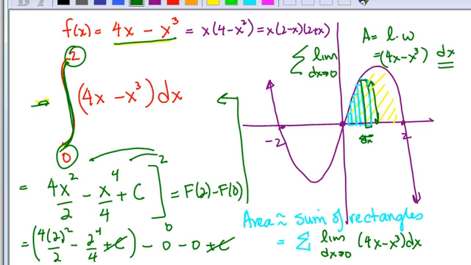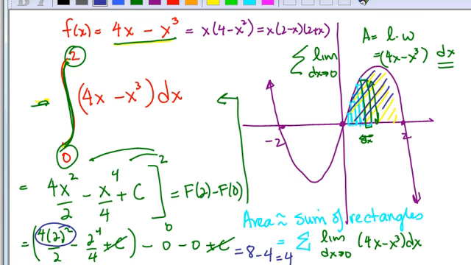Now I'm still going to simplify the expression here, and I'm kind of running out of room, so let me help by making it a different color. So this is 4 times 4 divided by 2, which is 8, and 2 to the 4th over 4 is 4, so this is 8 minus 4.